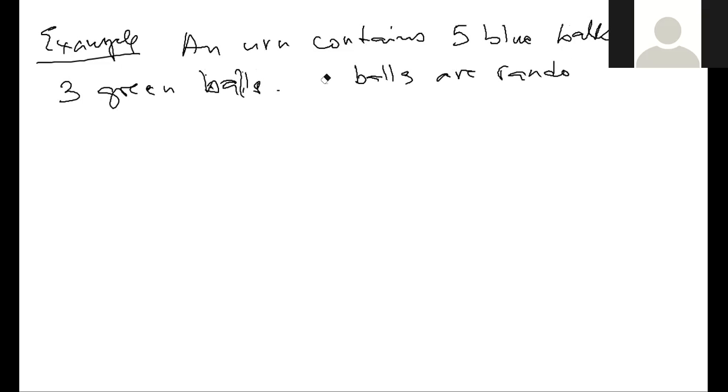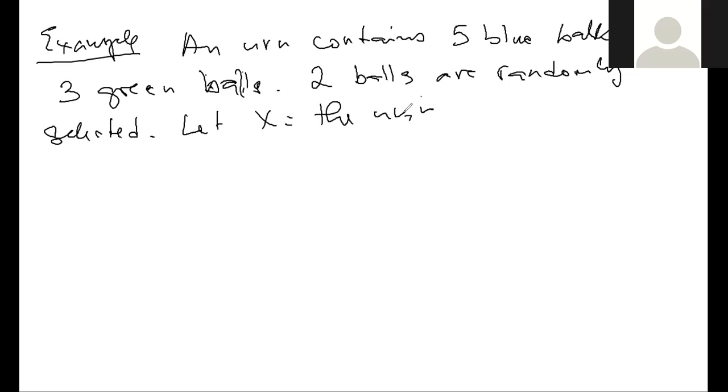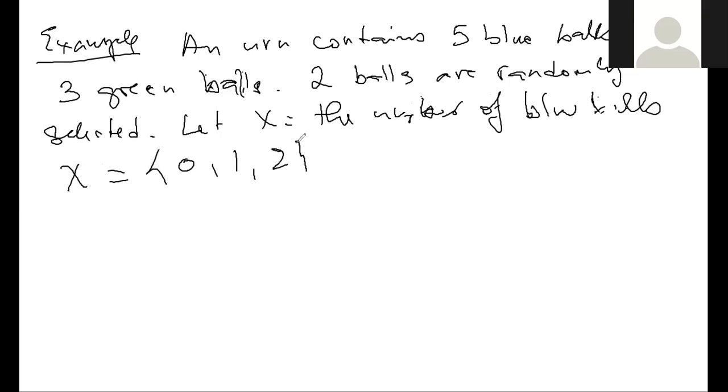Let me put 2 so that we don't take too much time in doing it. 2 balls are randomly selected. Let X be the number of blue balls. X equals 0, 1, 2.